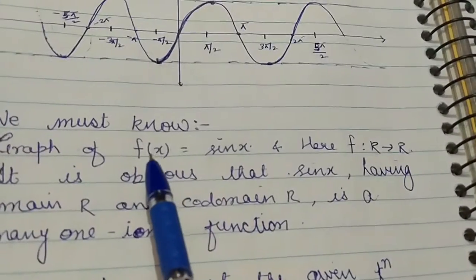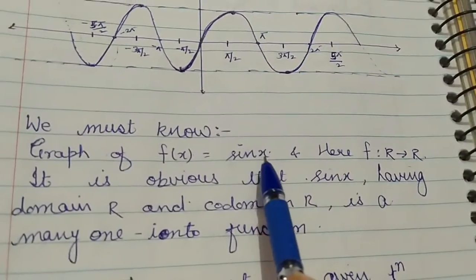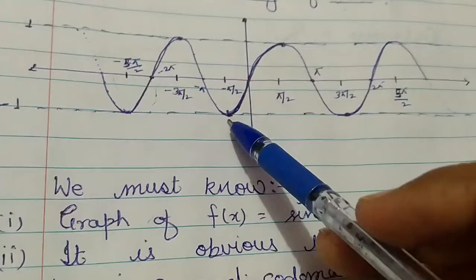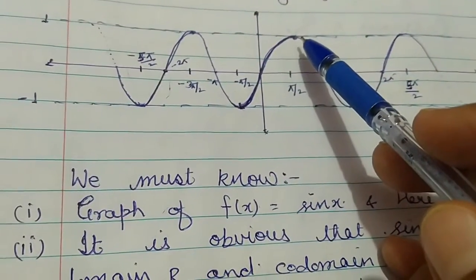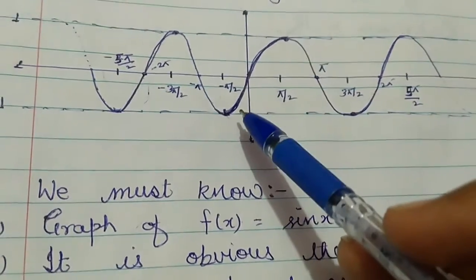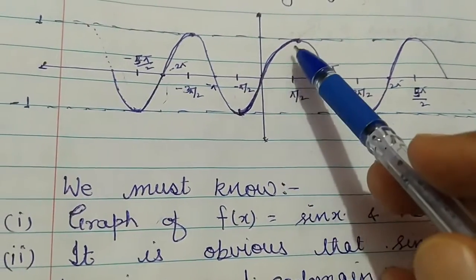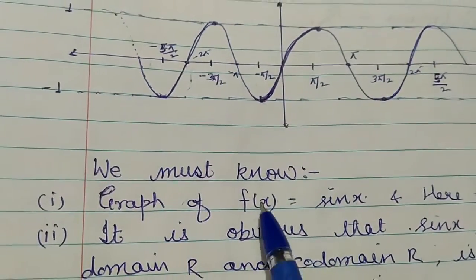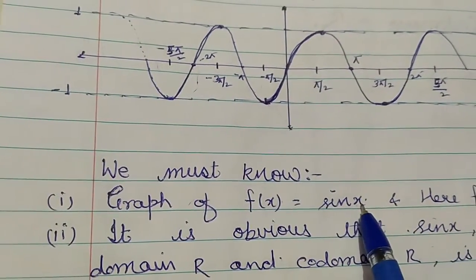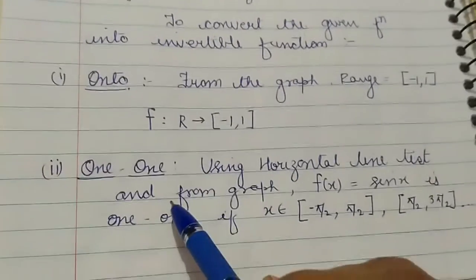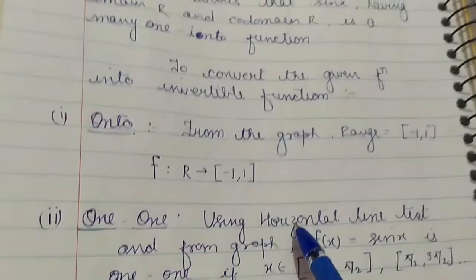Now we have to convert this function into a one-one function. From this graph, and by applying the horizontal line test, we can say that if the domain is replaced by -π/2 to +π/2, then this trigonometric function can be easily converted into a one-one function.